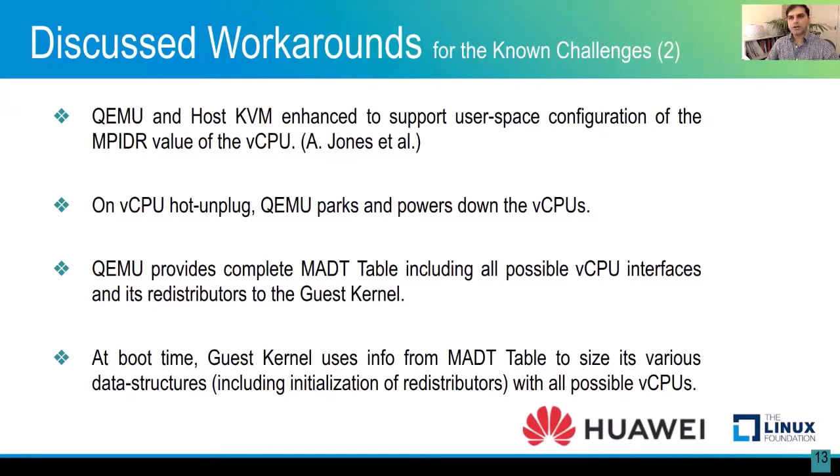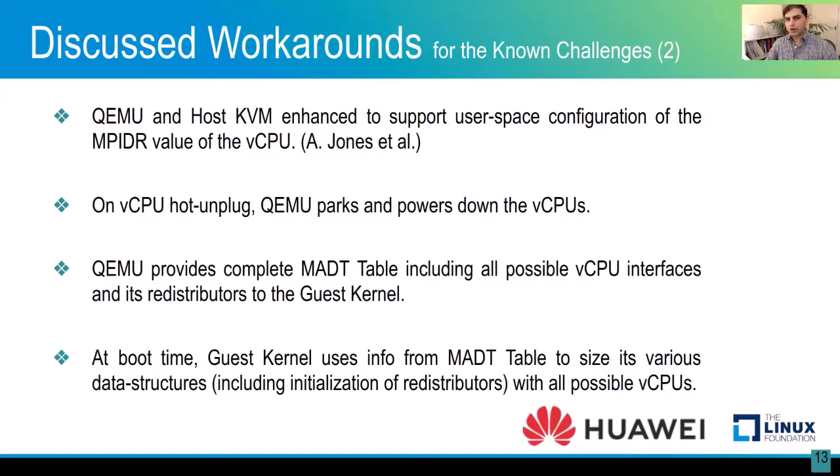But ideally, for the virtualized case, there should be a user space thing, and KVM shouldn't get involved in the derivation of the MPIDR value, except for configuring that value within the VMPIDR register, which is a privileged operation.